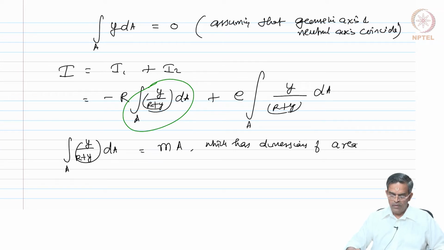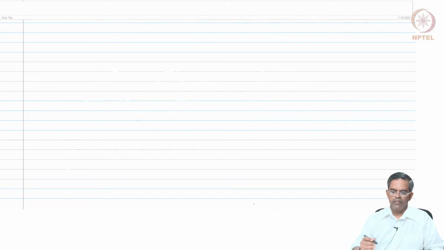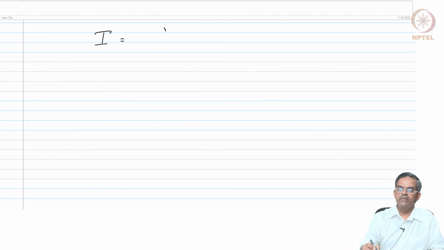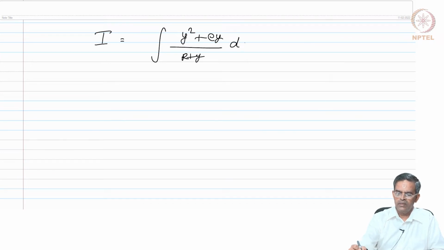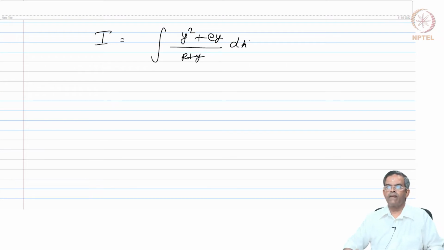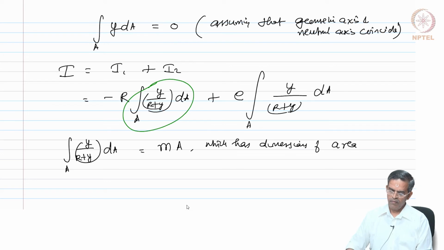Having said this, the integral I, which is the integral of y square plus Ey by r plus y dA, is the original integral we had, is it not?